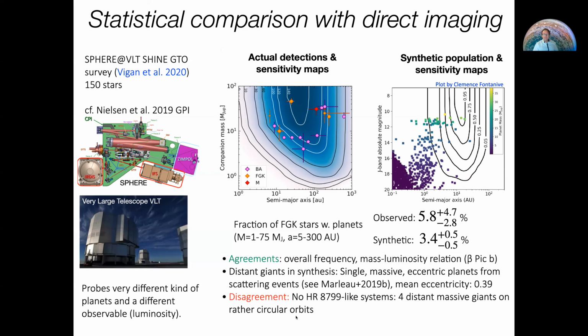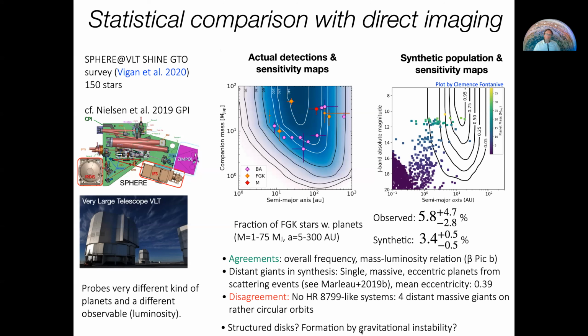And this is a hint that maybe there is something else at play also, like maybe structured disks allowing the formation of giant planets further out, maybe pebble accretion allowing growth further out, although this is also not so clear if it's really possible. And then because of orbital migration, bringing the planets in. And it could also be, of course, that some of these planets form by gravitational instability.